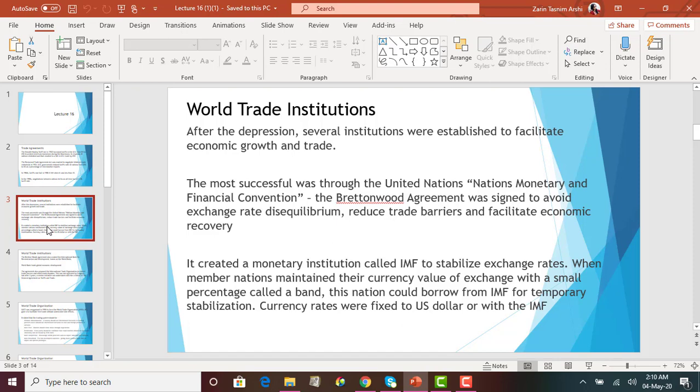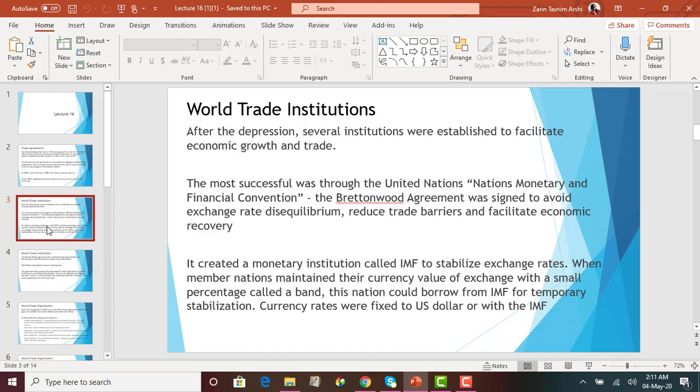This agreement was signed in order to avoid exchange rate disequilibrium. It also reduced trade barriers, which included tariffs, taxes, and embargoes, and it facilitated economic recovery.